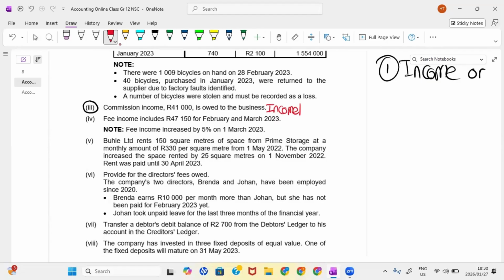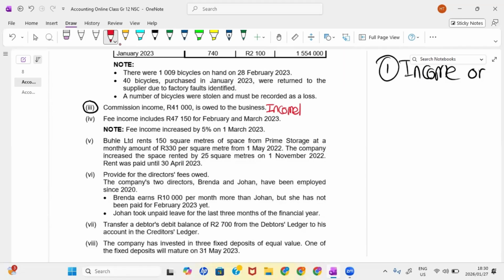Remember that we get commission income when we sell, né? When we sell our products. In this case, they say we are selling bicycles, and from each bicycle you sell, you get a commission. All right, so that's that.